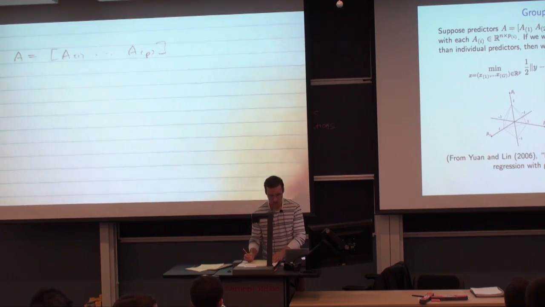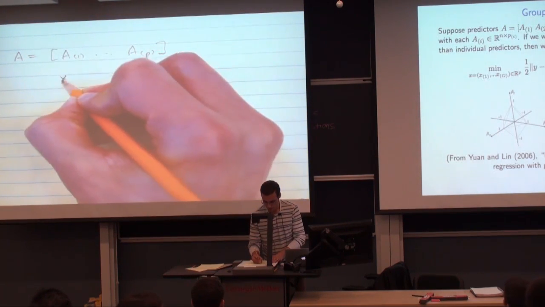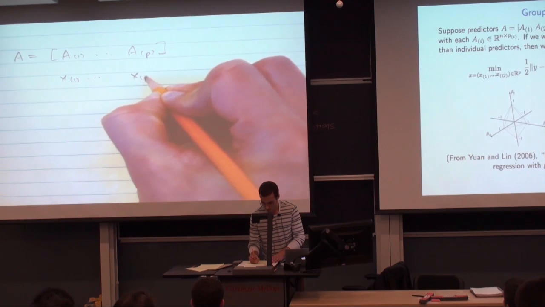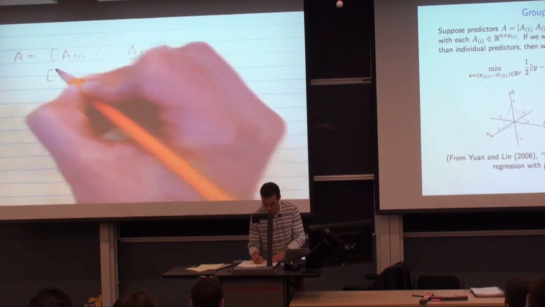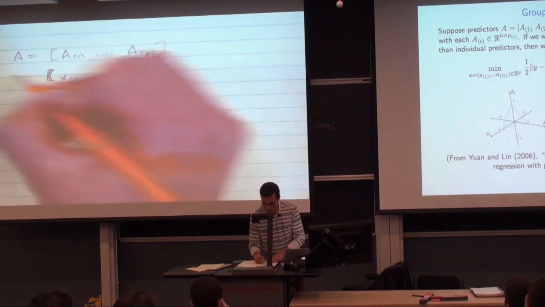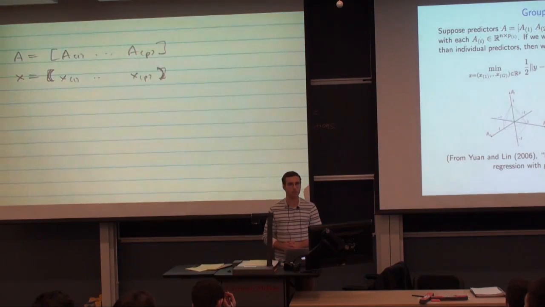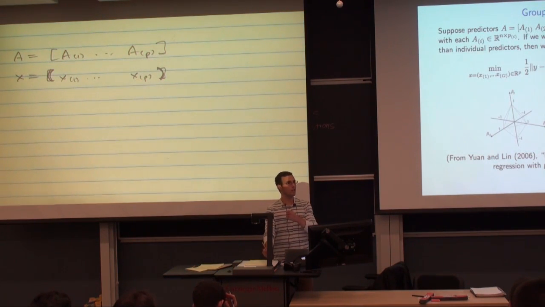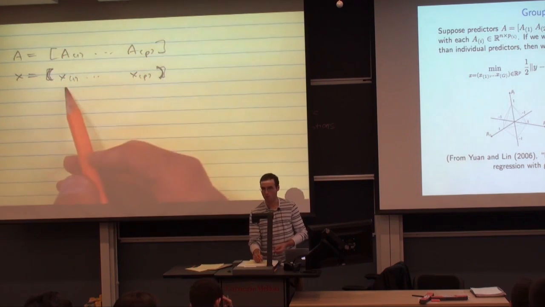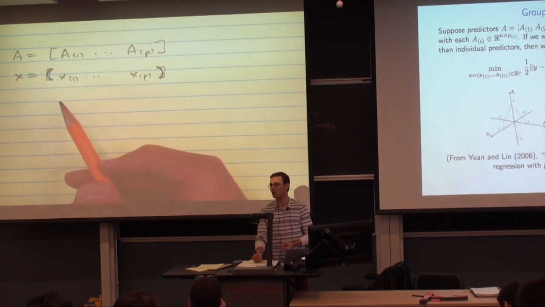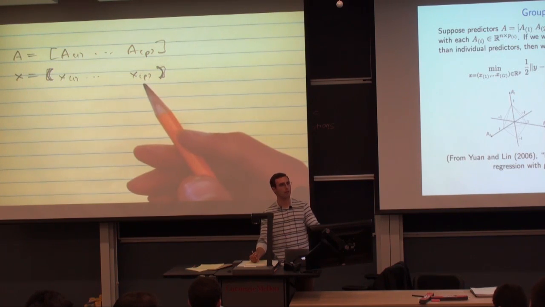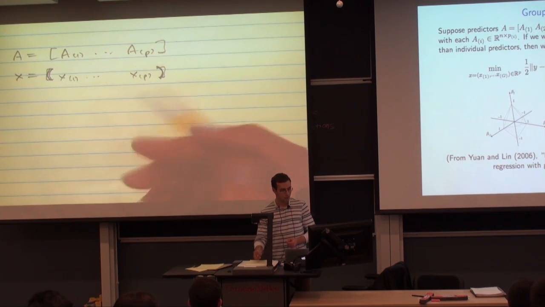So I can also split my coefficient vector up into the same groups, right? And instead of just picking individual elements of x to be 0, I actually want to zero out groups of variables altogether. So each of these groups could correspond to something that's scientifically meaningful. And I maybe want to select groups rather than individual components.